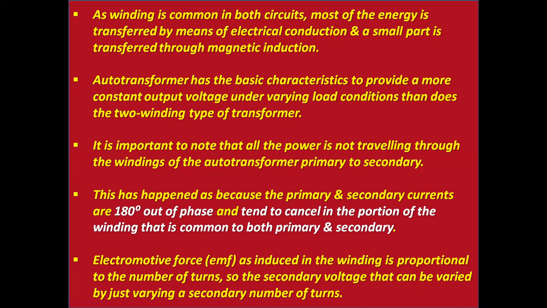This happens because the primary and secondary currents are 180 degrees out of phase and tend to cancel in the portion of the winding that is common to both primary and secondary. Electromotive force induced in the winding is proportional to the number of turns, so the secondary voltage can be varied by just varying the secondary number of turns.